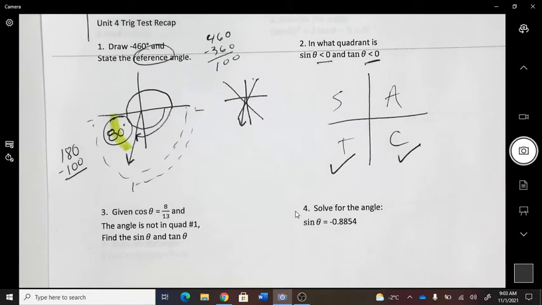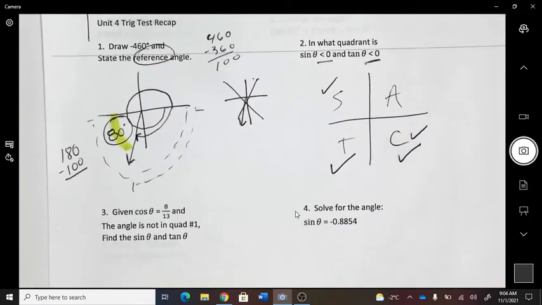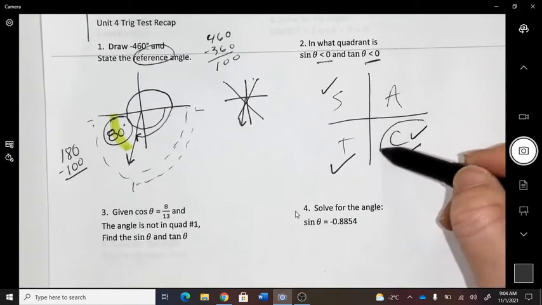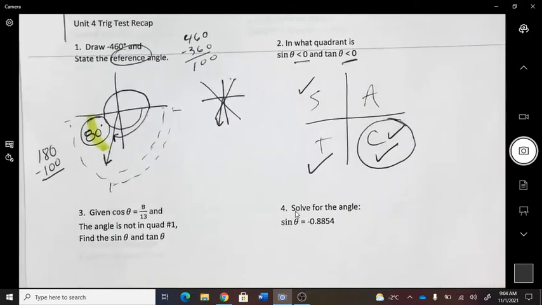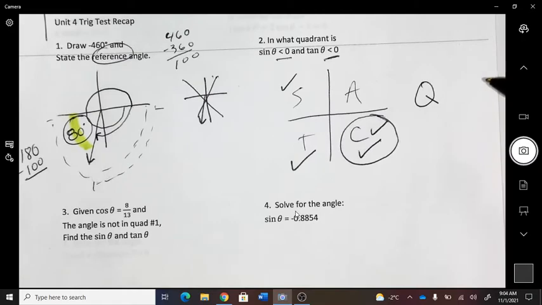Pick the two where tan is negative. So the diagonal's there. Which quadrant worked for both situations? I would like your answer as a quadrant number, and that is quadrant 4.